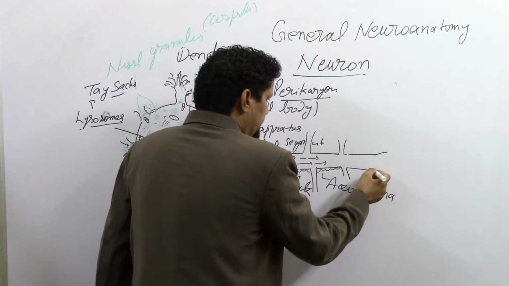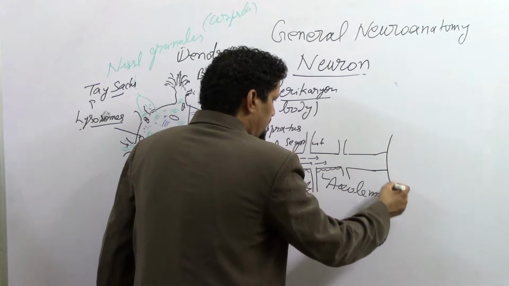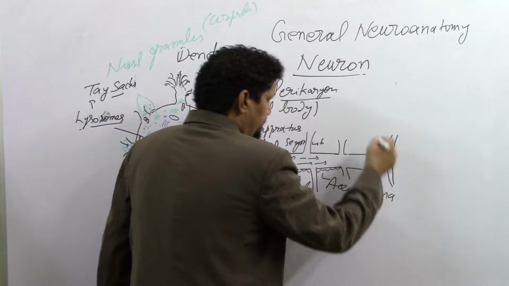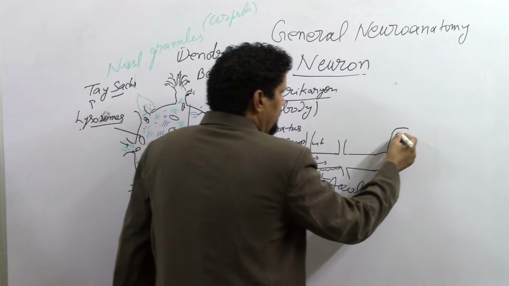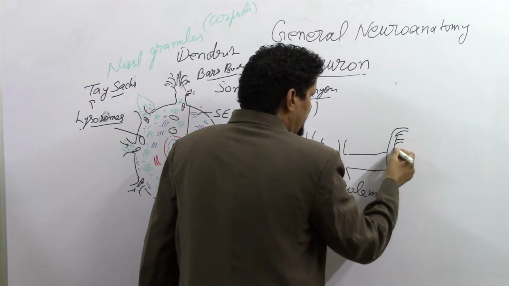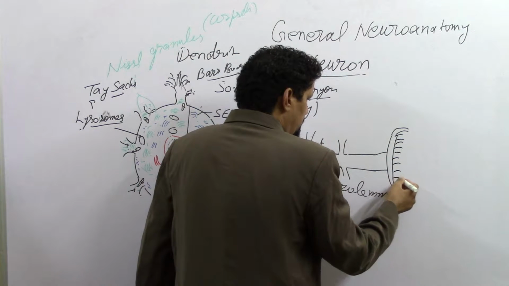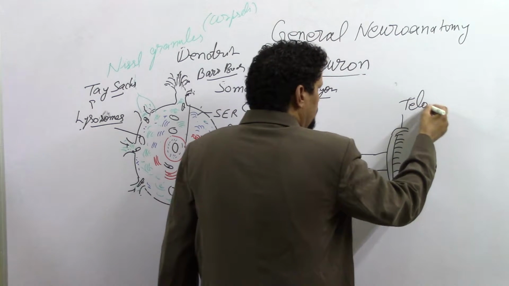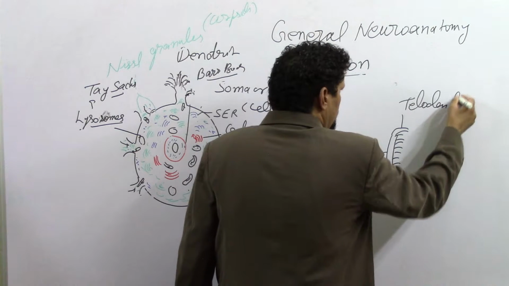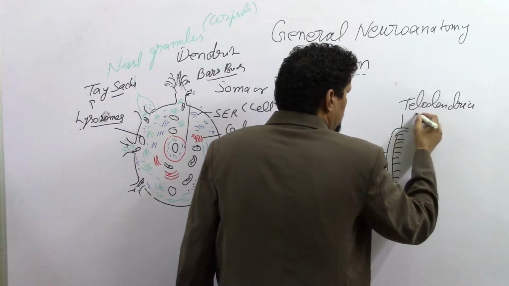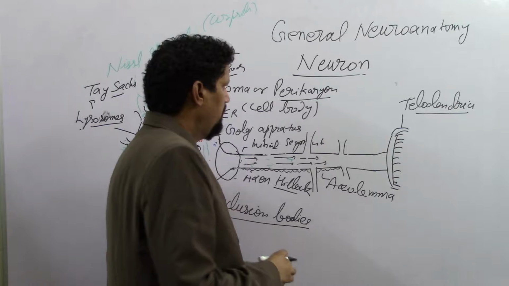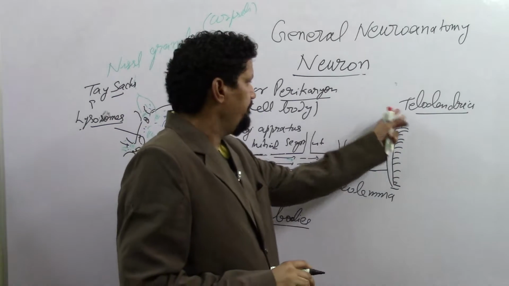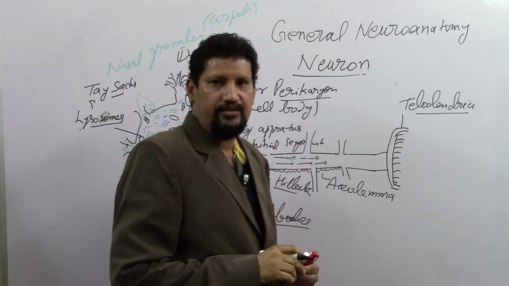The terminal part of the axon is having branching and small terminal branches known as telodendria. These are telodendria, and these are involved in formation of synapses.